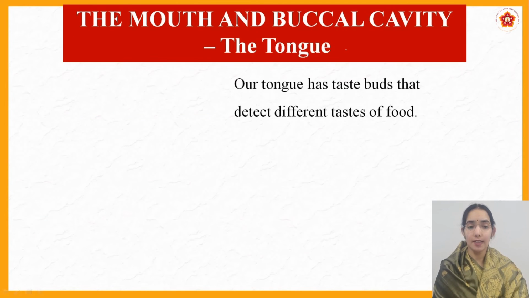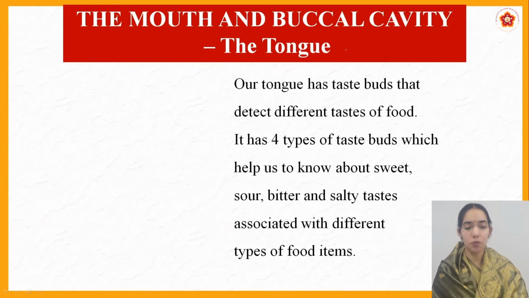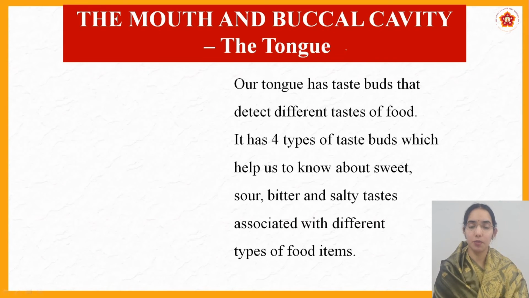Our tongue has taste buds that detect different tastes of food. So we have 4 different types of taste buds that help us to know about sweet, sour, bitter, salty tastes associated with different types of food items.